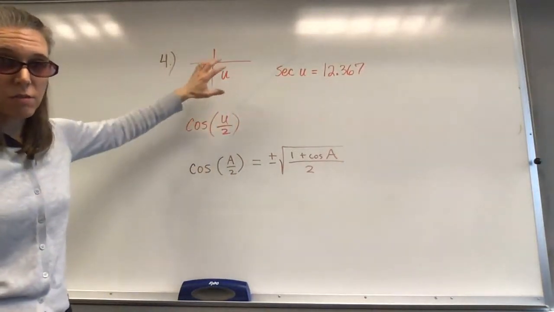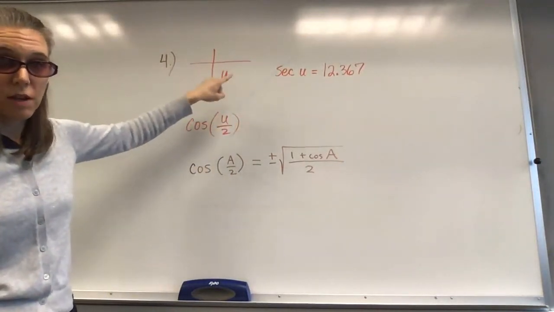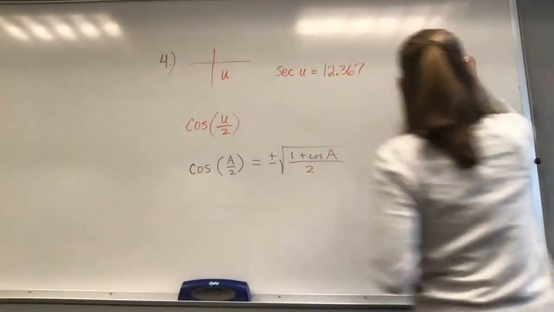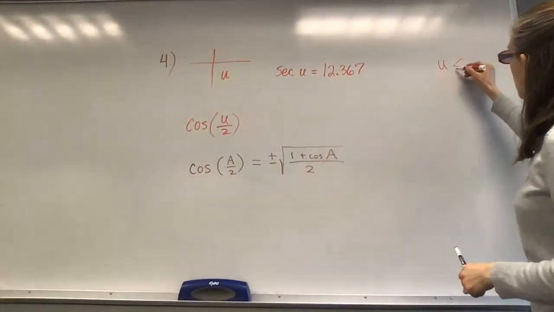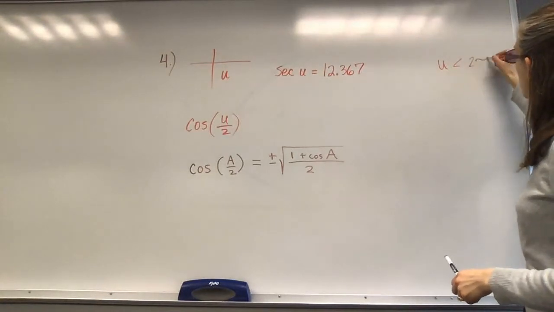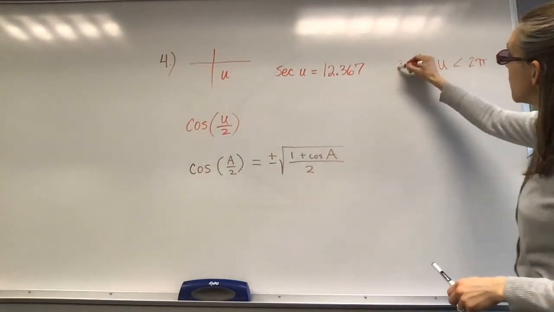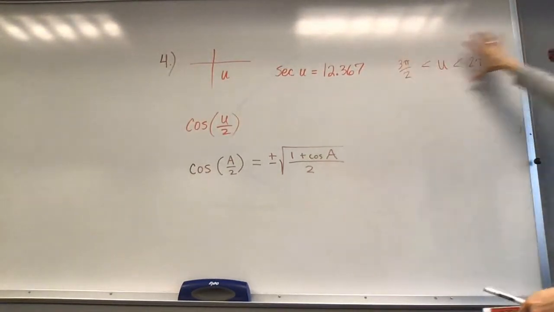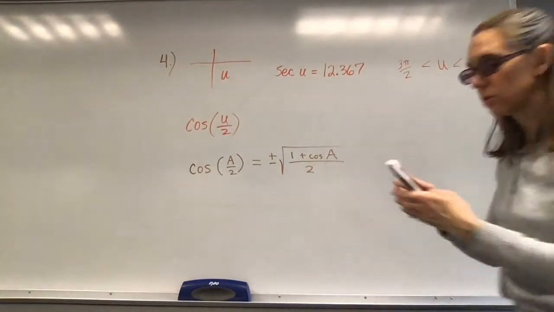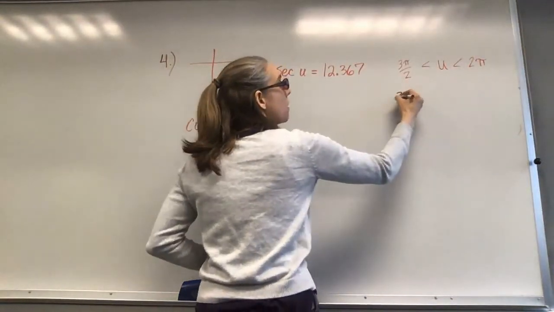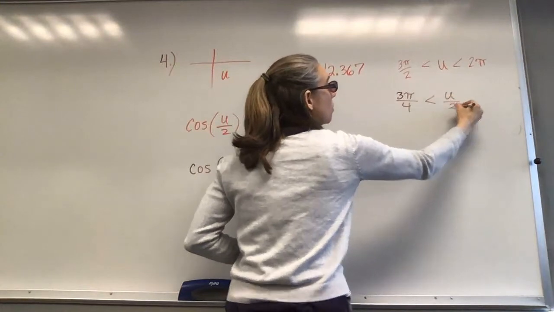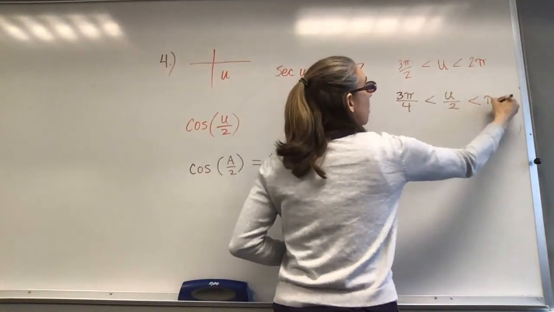So let's look at the original u value. The original u value, being in the 4th quadrant, means that u is between 2 pi and 3 pi halves. Now, if you divide this inequality by 2, the result is 3 pi fourths is less than u over 2 is less than pi.